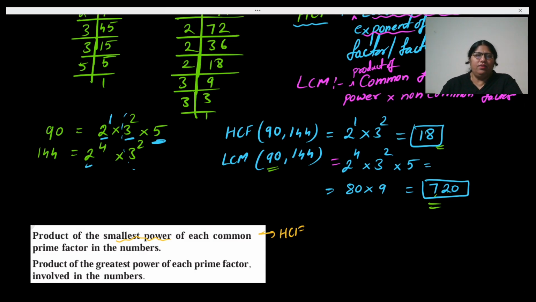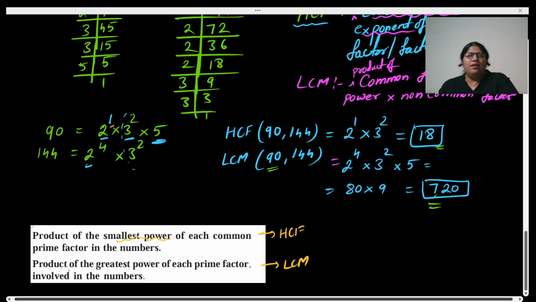That is why, you can see that 2 to the power 1 is smaller, so we have taken that, and 3 square. Whereas for the LCM, you need to take the product of the greatest power of each prime factor involved in the numbers, meaning all the prime factors. So 5 is also there for one of the numbers, so that is why we have to take 5 also.